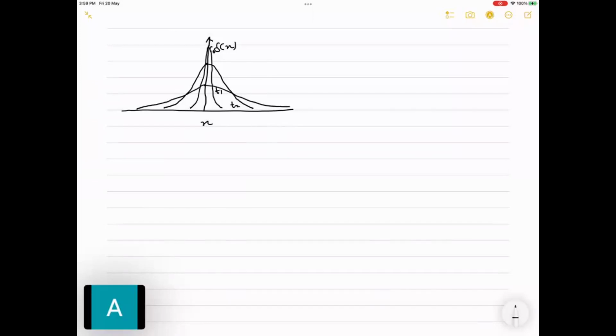And in fact, if you solve the diffusion equation with this initial condition, you are going to get the value of C(x,t). And what you are going to get is that the solution of the diffusion equation will look like this.